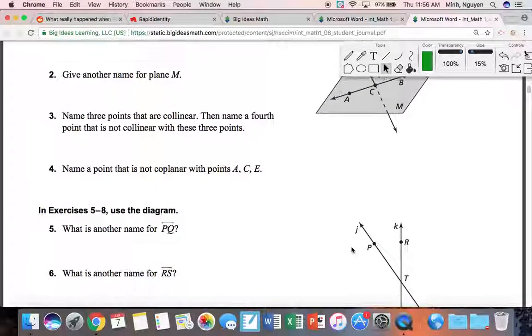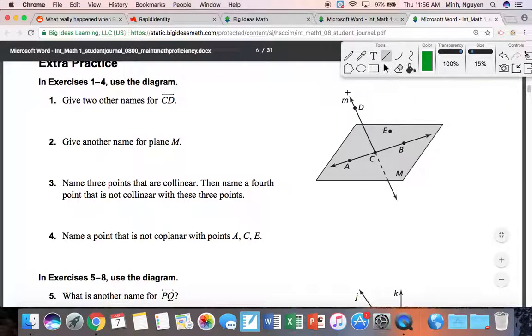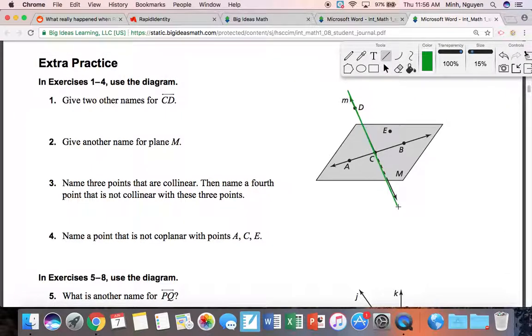Give 2 other names for line CD. So I'm looking at this line CD. Another name is line L, or line DC, because you can name it in different ways.